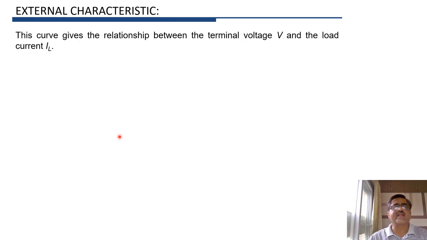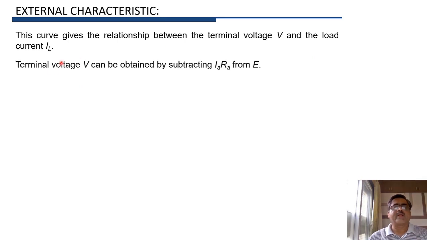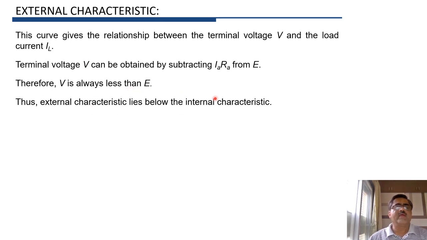Now the external characteristic gives relationship between the terminal voltage V and the load current IL. The terminal voltage V can be obtained as V is equal to E minus Ia into Ra, where IaRa is voltage drop in armature, and therefore V is always less than E. As V is less than E, the external characteristic lies below the internal characteristic.